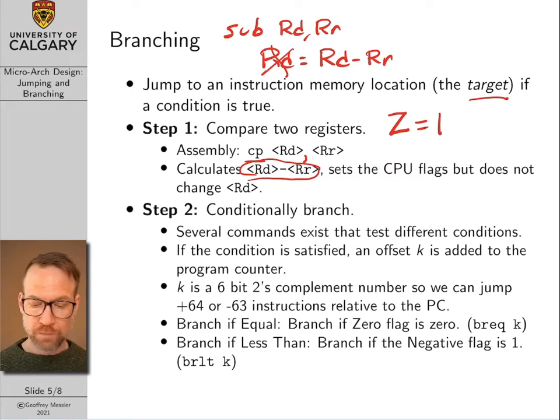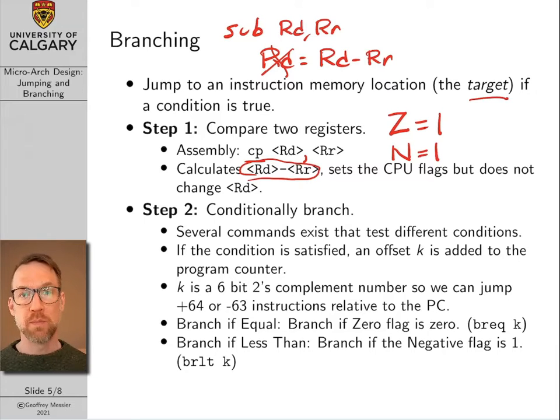Another flag that we might want to use in our logical test is the negative flag. If we're testing whether or not RD is less than RR, when we take the difference, the negative flag will be 1 if RD is less than RR. Otherwise, the negative flag will be 0.